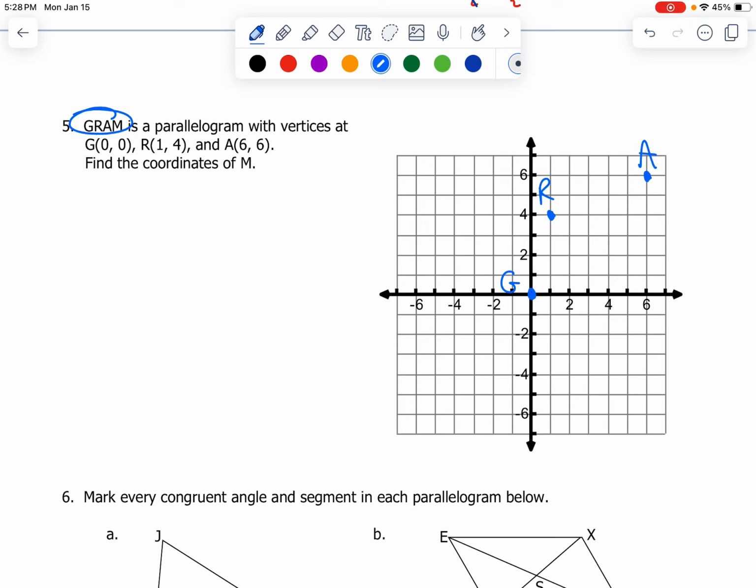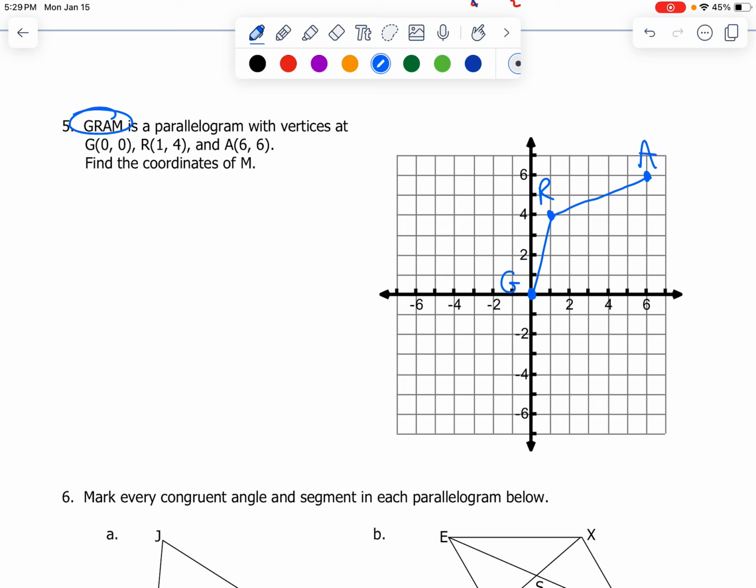So that's the order. So point M is going to be somewhere over here. They have to go around like this to make our shape. So there's 2 sides, but I can't finish graphing it until I find the coordinates of M.